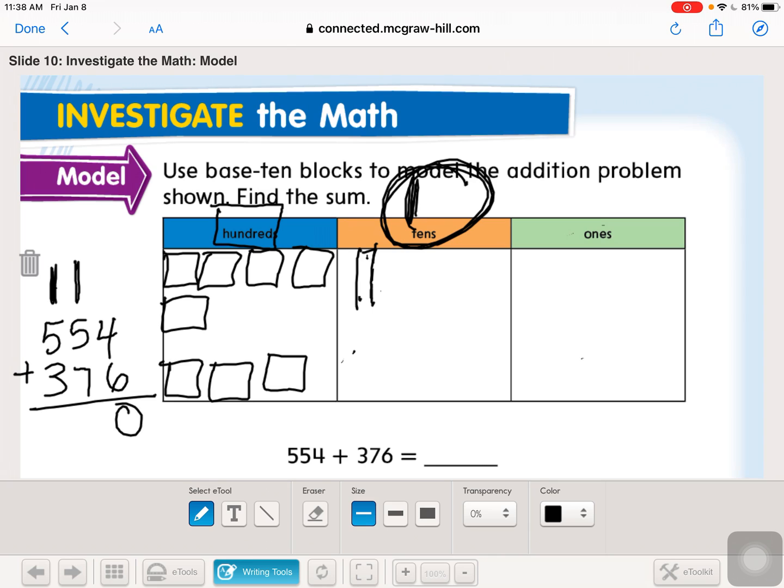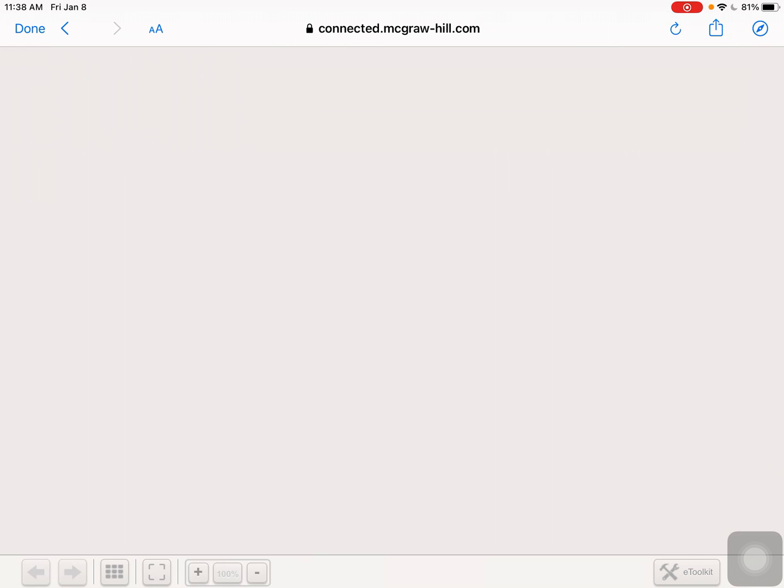So that is 3 tens left, plus the 10 tens that I regrouped as 100, and now I'm ready to add my hundreds. 1 plus 5 plus 3. I'm going to make that 4 plus 5, which is near doubles. 4 plus 4 is 8, plus 1 more is 9. So 930, which is what I have here, right? 1, 2, 3, 4, 5, 6, 7, 8, 9, 10, 20, 30. 930.